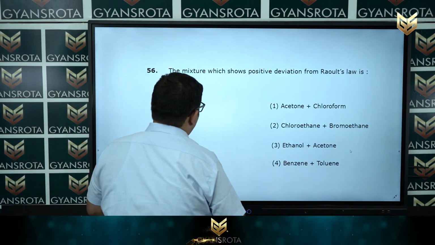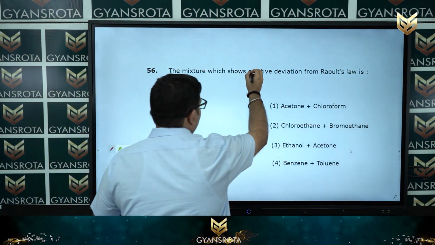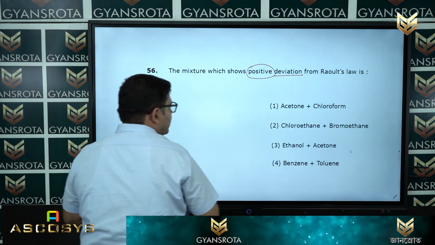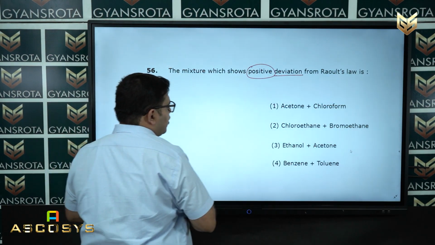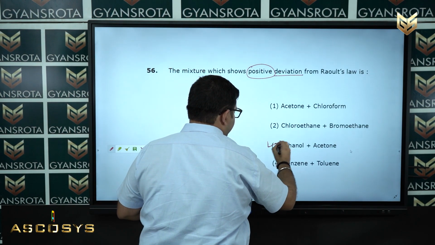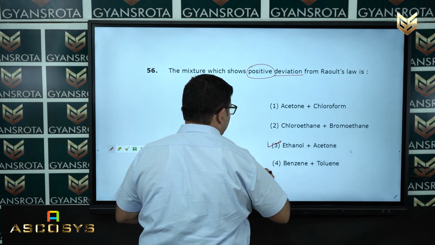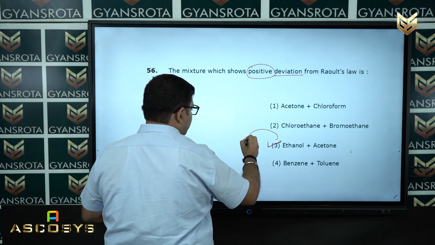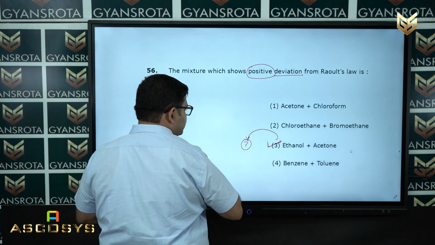Now, if you see they asked about which shows positive deviation, right. Now, if you see among all the options, your option number 3 where ethanol plus acetone will show the positive deviation. Now, what is the reason why? Why will it show?